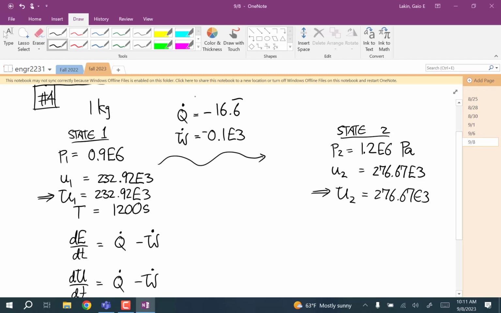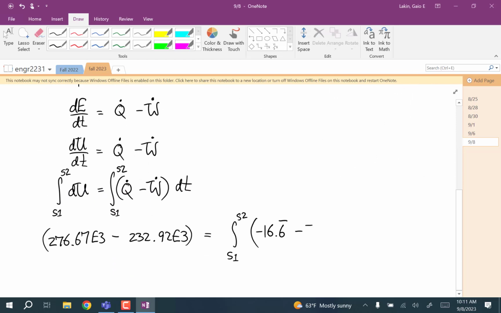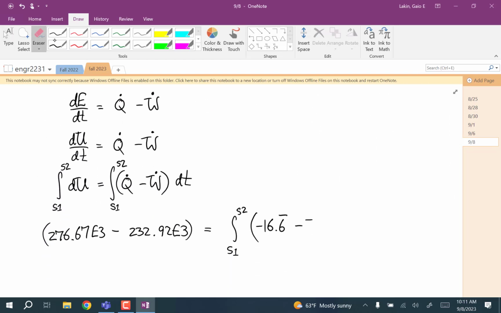So what we have is negative 16.6 repeating times t, where this is in seconds. And the rate of work is, okay, so I got to put this t in here, and then minus a negative 0.1 times 10 to the 3 dt.